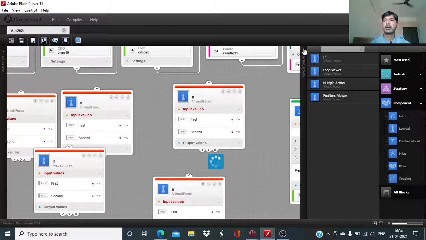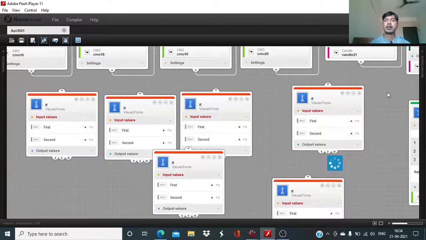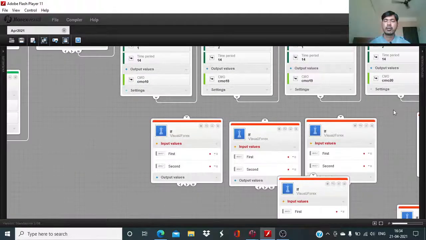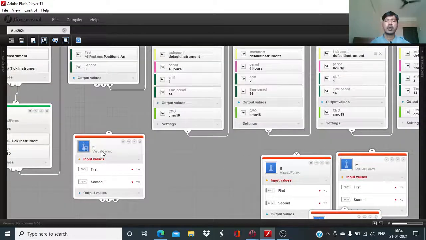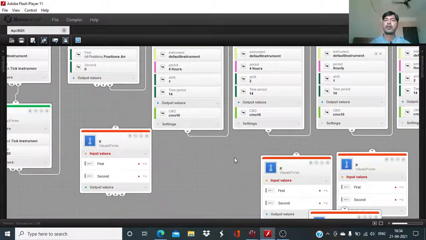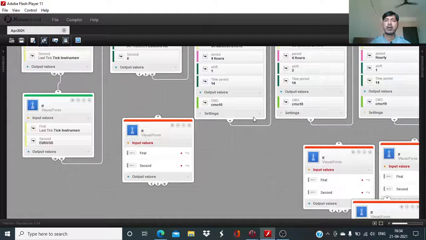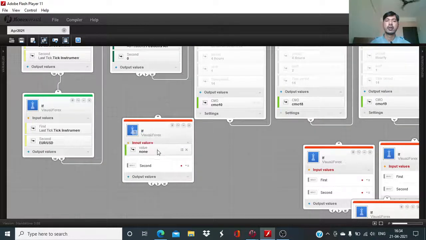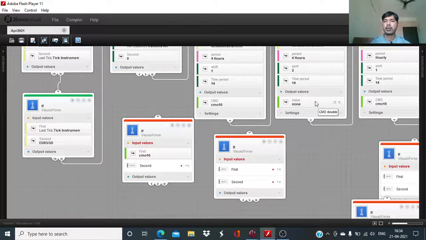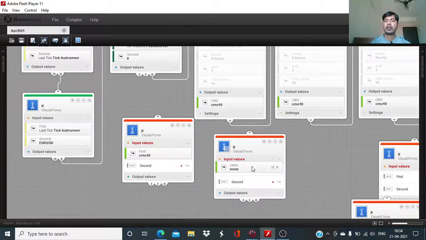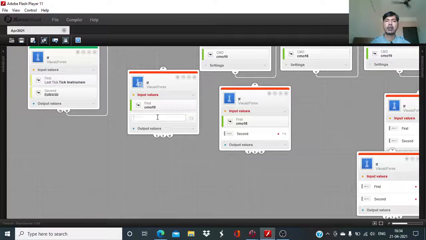Okay, now the CMO value of the 4-hourly time frame should be above 0 and it should be rising. I will have to make sure that both of these values are above 0.